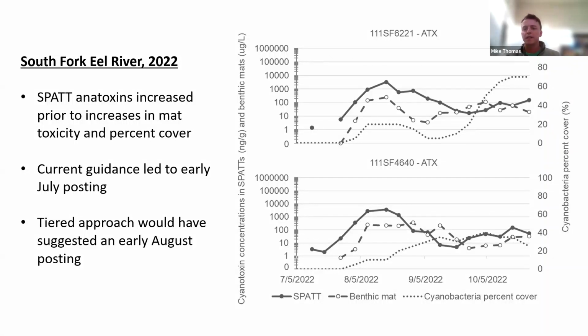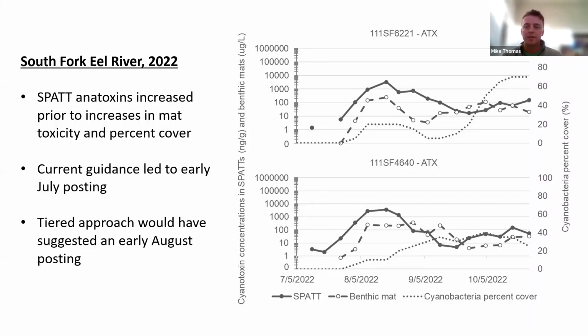So remember, we are focusing on anatoxins since these have been identified as the cyanotoxin class of concern. We did collect microcystins data, but it's not shown here as this has not been identified as a benthic cyanotoxin of concern.